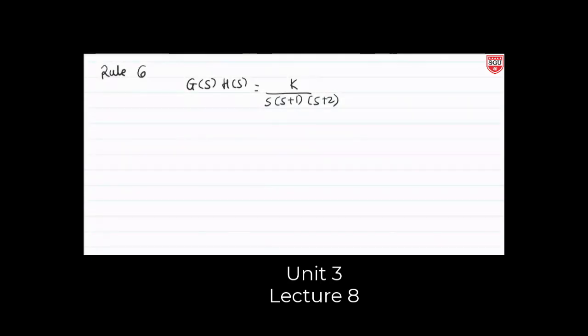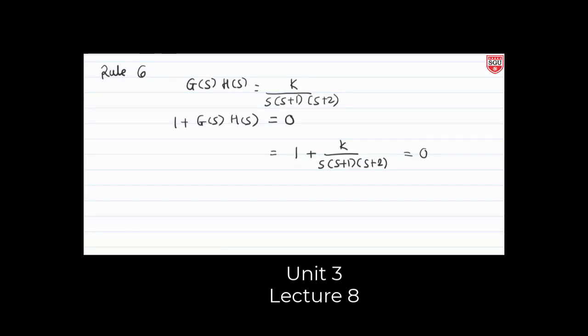The characteristic equation is nothing but 1 plus g of s h of s. How it comes, you know already. And that characteristic equation we have to equate to 0. So I will write the equation: 1 plus k upon s into s plus 1, s plus 2, equal to 0.